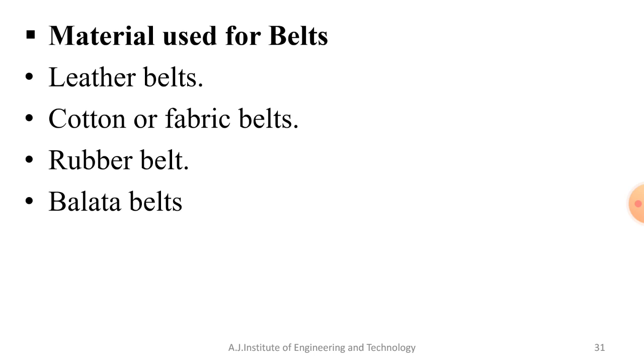So if the material is made of leather or cotton, it should have high flexibility, then you can avoid such vibration. You have to take care about materials while selecting the belt material for a certain application, so that also plays a very important role.